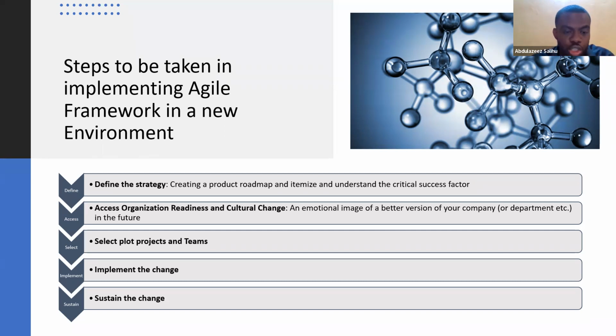You must coach your team, and you must be careful in the project you're selecting as a pilot project. We'll look at all this in detail. We're going to do a practical where we adopt Agile, implement the project and see how it runs. Then you proceed to implement the change. Then last but not the least, you try to sustain that change.